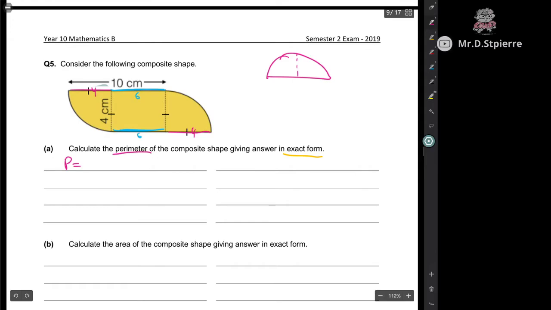So our perimeter so far is 2 times 6 plus 2 times 4 plus we have to get these red bits. Right here, so the red bit, there's 2 of them, so straight away I'm going to put 2 times.